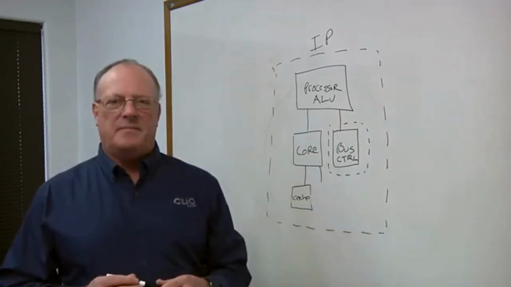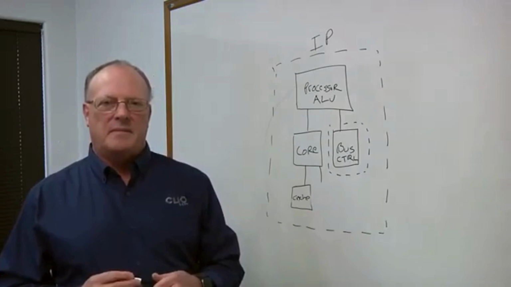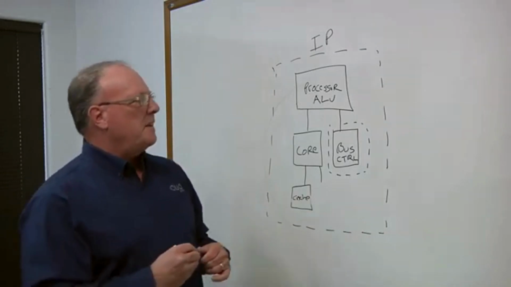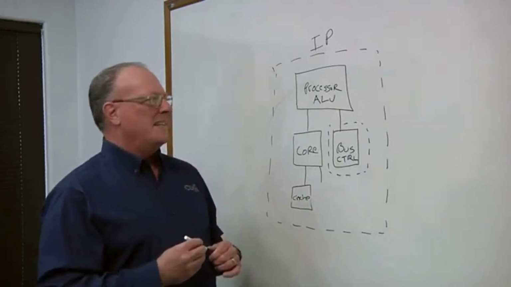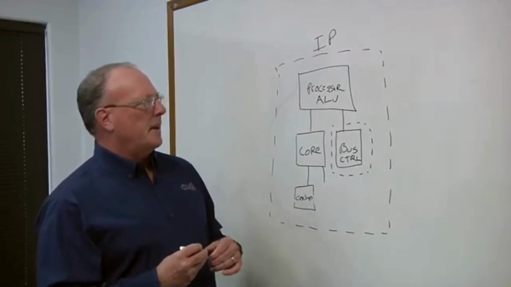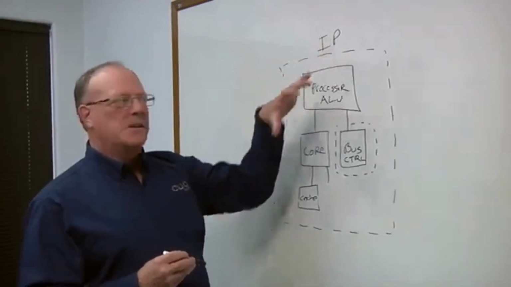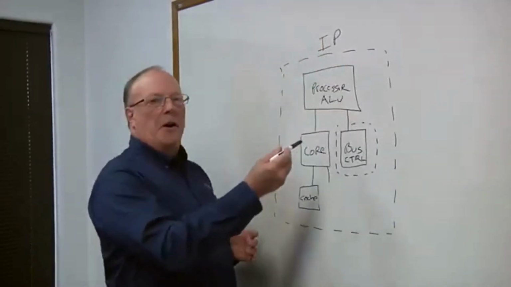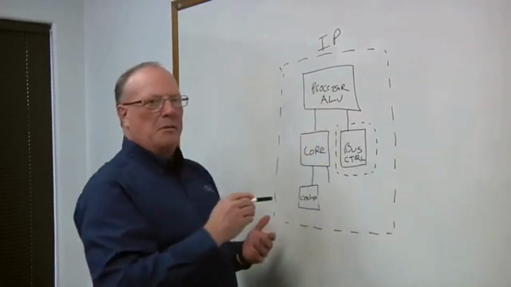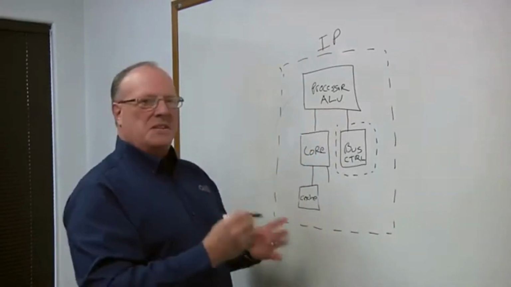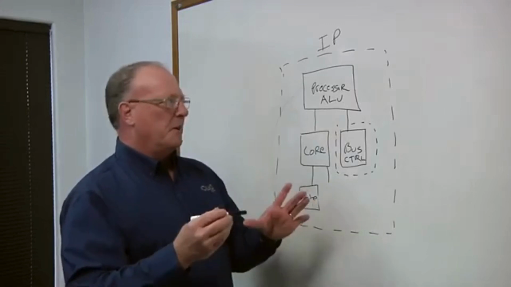Let's drill into what a bill of materials actually looks like for IP. It's basically a full accounting of what's inside of a block or an IP that you're using. Let's say I'm using an ARM processor. I may be using 3 or 4 of them, and I may be using slightly different characterizations or different options for them.